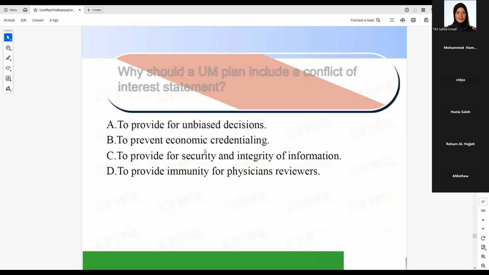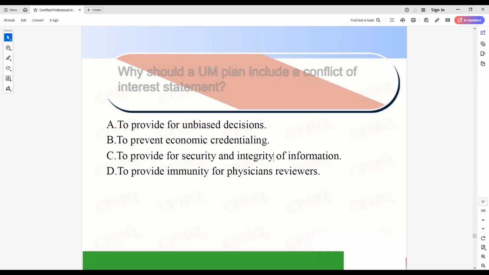To prevent economic credentialing. So how many of you are saying it's B? C. Can you raise your hands? Actually, I'm between both B and C. Okay, let's see. How many of you are saying option B? Can you raise your hands? Option B?